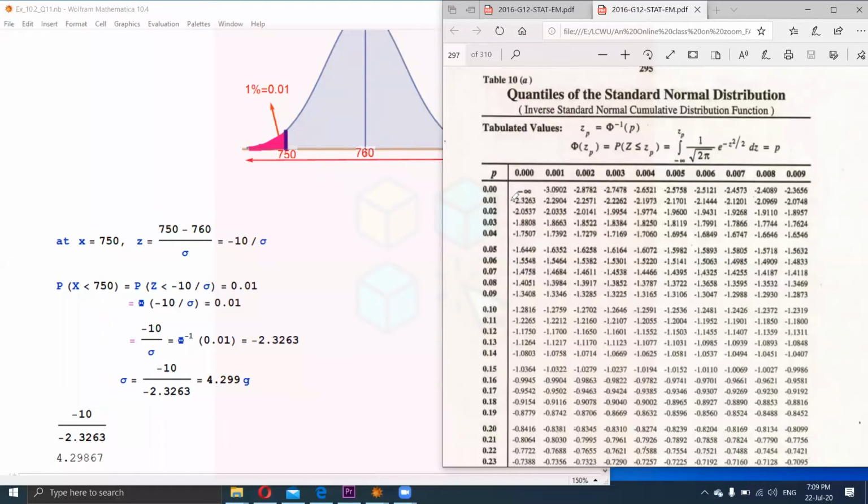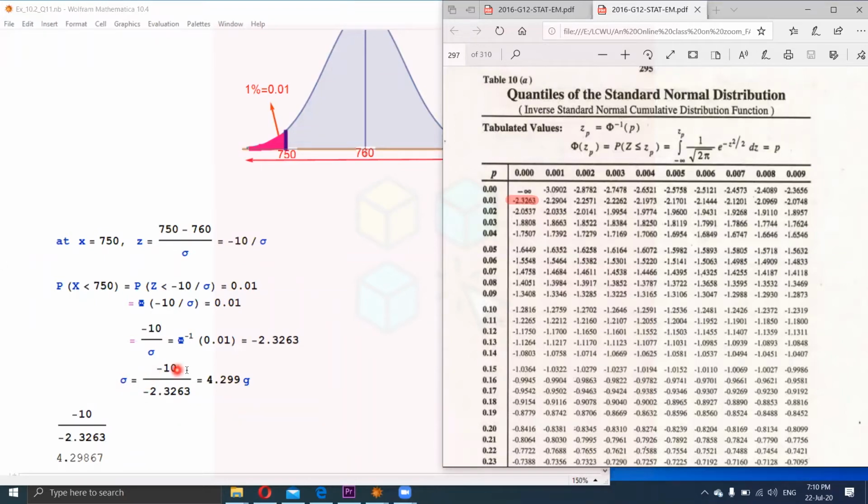From the table we can see that the value at 0.01 under the column 0.000 is minus 2.3263. So we will write this value in our equation and obtain the value of sigma. So we solve it.